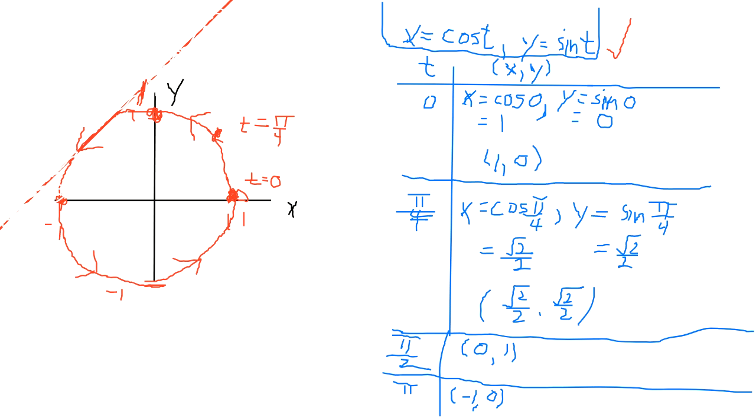Now, I don't want to take the time right now to do it on the calculator, but if you go to the mode button, on the fourth line your calculator is on function mode, but you can switch it over to PAR, which is parametric mode. Then when you go to the y equals button where you graph functions, it will have an x and a y for your parametric equations.